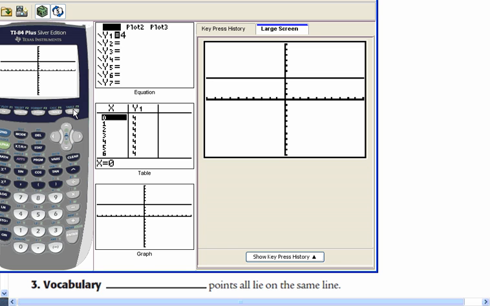Now we want a line that's parallel to that. In other words, we want another horizontal line that goes through the point (3, 6). Well, the point (3, 6) is right, I'll go over 1, 2, 3, up 1, 2, 3, 4, 5, 6. So right there. So I want a line that goes through there, and it's parallel. Well, that line is going to look a lot like the line that we graphed.